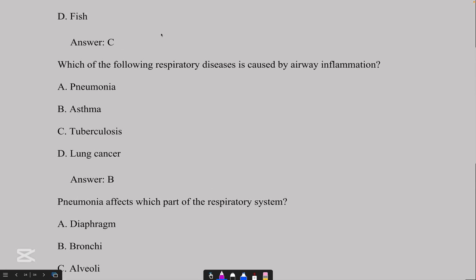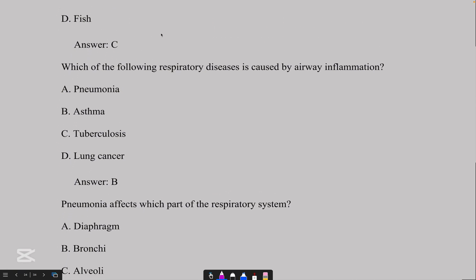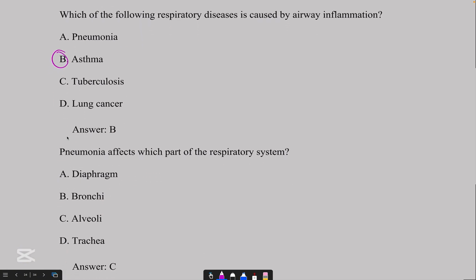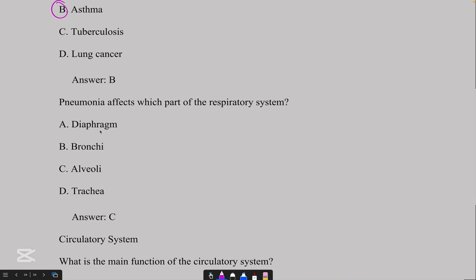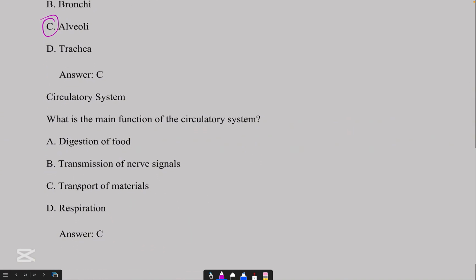You know that. Now, which of the following respiratory diseases is caused by airway inflammation? Airway inflammation is asthma. Pneumonia affects which part of the respiratory system? The alveoli of the lung. Are you getting it? I said something like that. These are just practice questions. It does not mean they are questions that will come out exactly. Just to test your understanding of what I have explained so far.